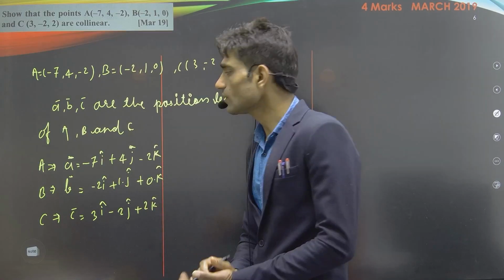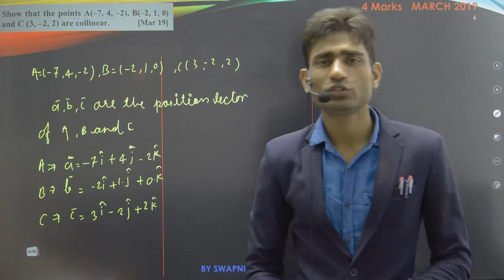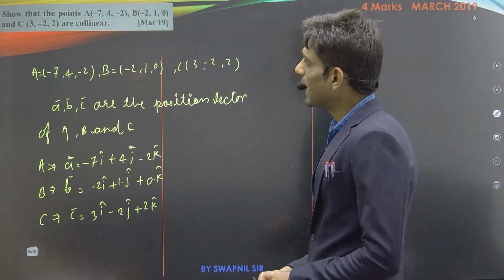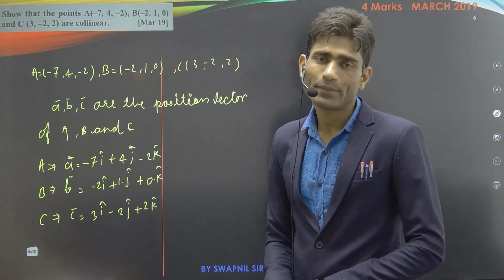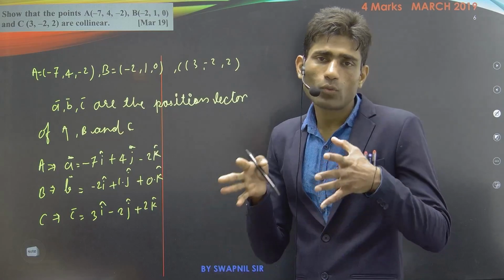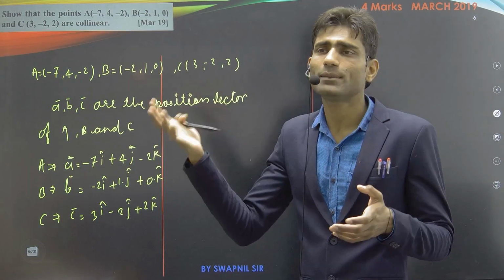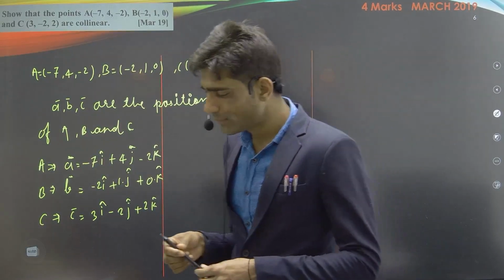So here I have written position vector a bar, b bar and c bar. Now we have to show these points are collinear. That means we have to show that one segment, like position vector AB bar, is some scalar multiple of position vector BC bar or AC bar. This condition we have to prove here.